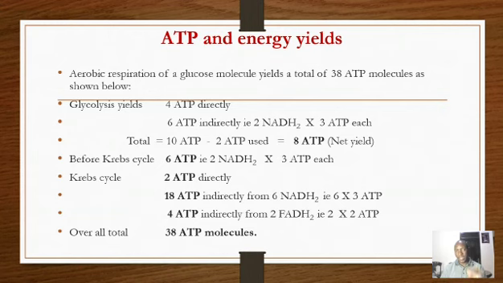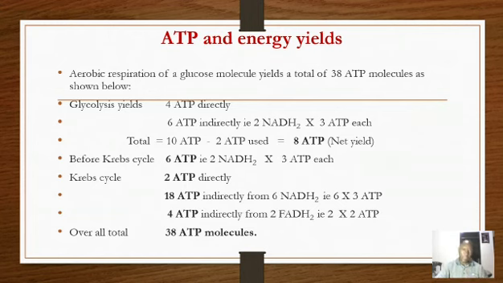In ETS, it is basically formation of ATP from the hydrogen atoms that are transferred by NAD or FAD. Let us see how many ATP molecules are liberated from a single glucose molecule. Here we are moving step by step so that we come to the total number of ATP molecules liberated.